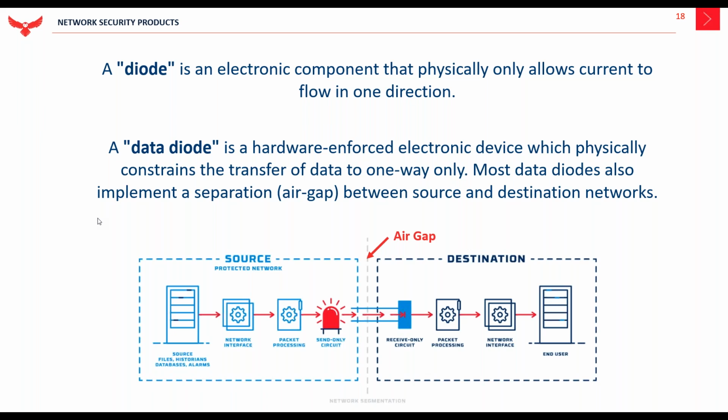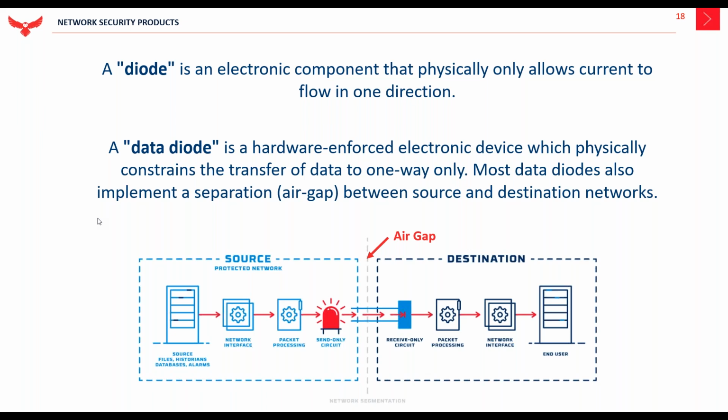Now, the source network has a send-only circuit. It is a photo transmitter that can only transmit light. On the destination network, there's a photo receiver that can only receive data from the send side. The packet is processed again, header information is reassembled in the packet, and then we route to the final destination. The important part is the diode is deterministic.